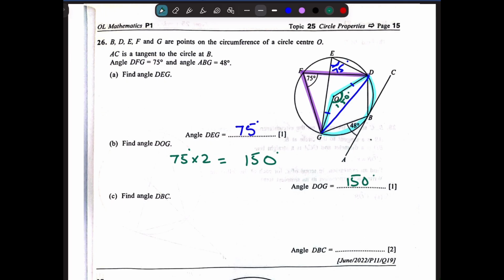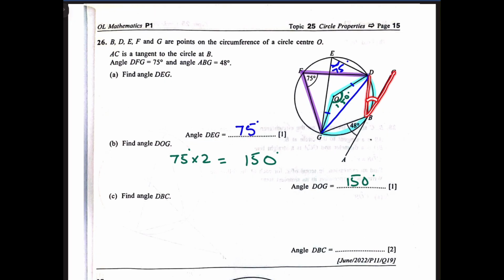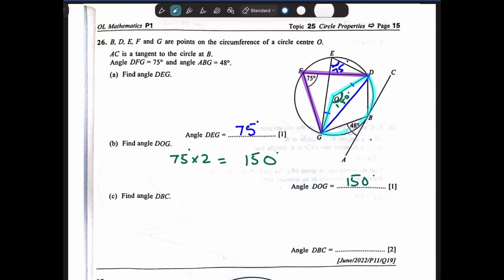Find DBC. So angle DBC. They want us to figure this angle out. So let's just make our diagram a little more neat.